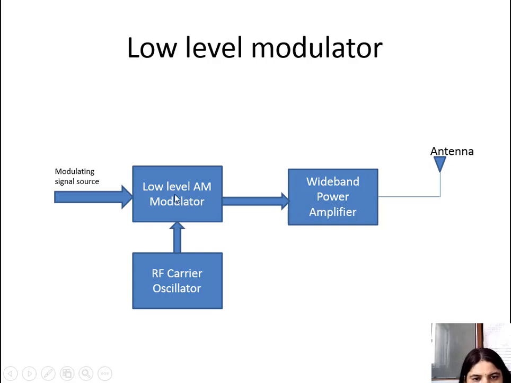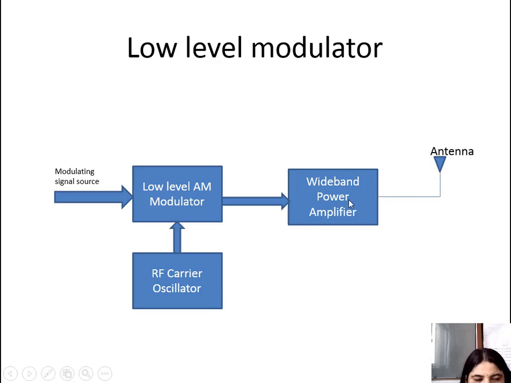So here the thing to keep in mind is that in the low level modulator, low power level signals are used. Even the RF carrier signal is not amplified, and neither is the modulating signal. But when the amplitude modulated output is produced, it is amplified by the power amplifier and transmitted via the antenna.